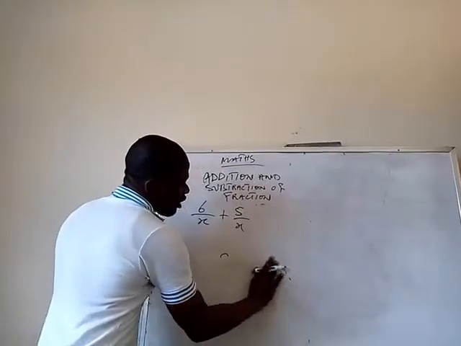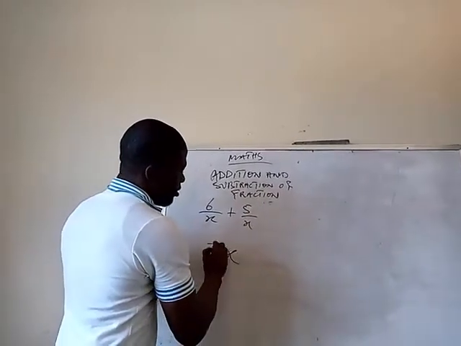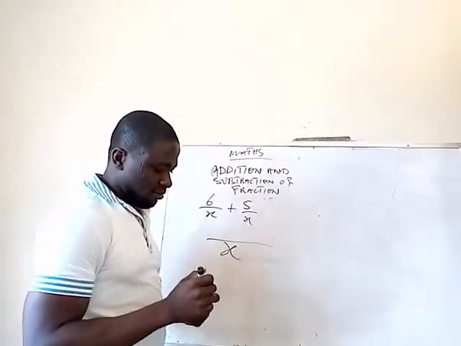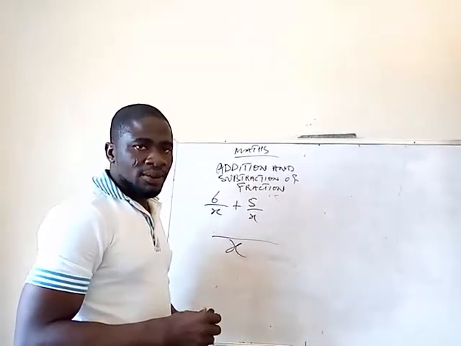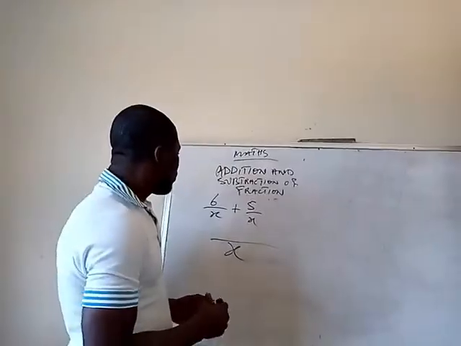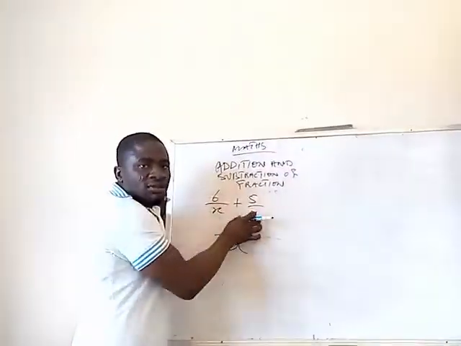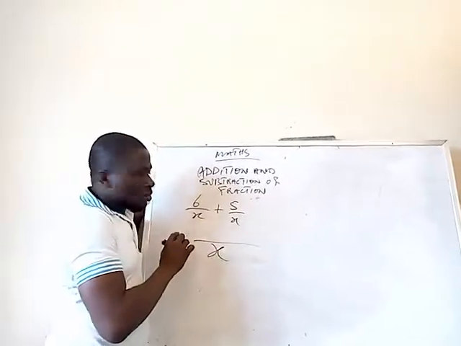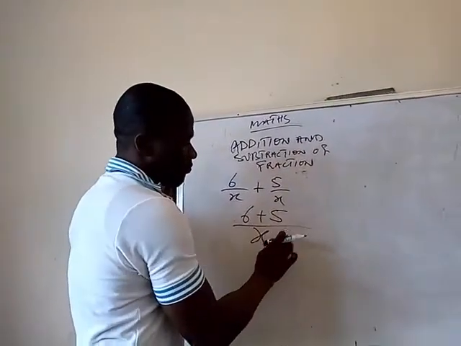So what you will do is you bring down the denominator, which is x, since they are common. When you bring it down, you then just add the numerators since the denominators are the same. You have 6 plus 5.